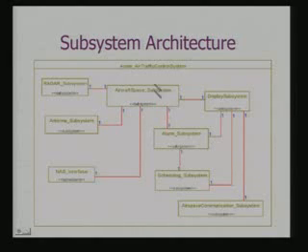Here we have seen that the aircraft space subsystem is one subsystem. You have the radar subsystem, antenna subsystem, so on and so forth, alarm subsystem, and what we have indicated here is that these are all stereotype subsystems.